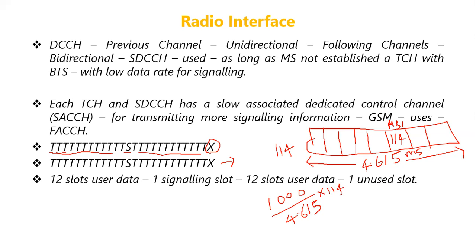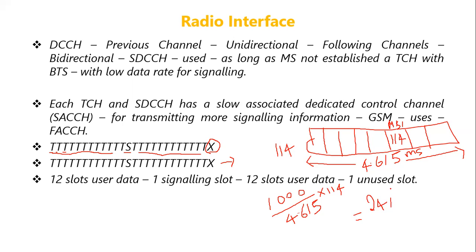If you calculate 1000 divided by 4.615 into 114, what you get is something around 24,702.